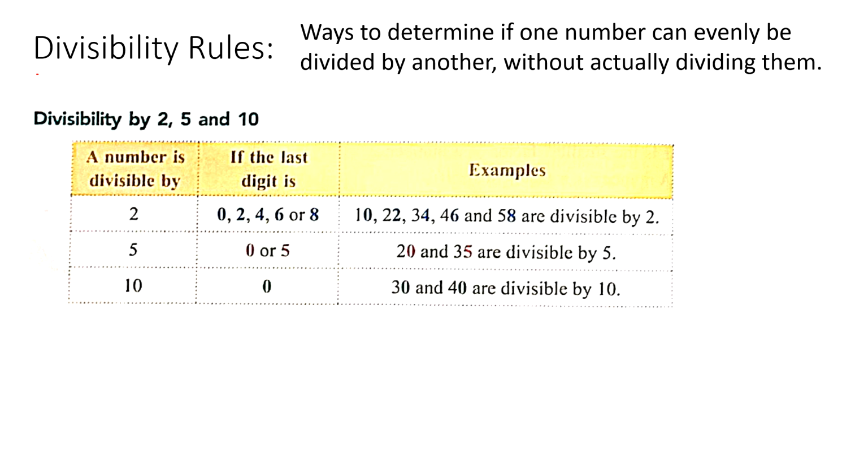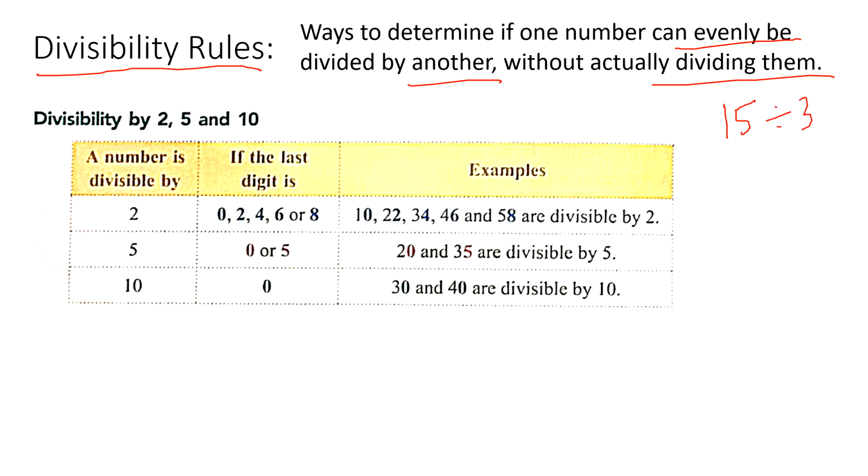Now, this is divisibility rules. What is a divisibility rule? It is a way to determine if one number can be evenly divided by another without actually dividing them. That means if you just look at it, you can understand that this is a multiple of the particular number. For example, let us say 15. Is 15 divisible by 3?